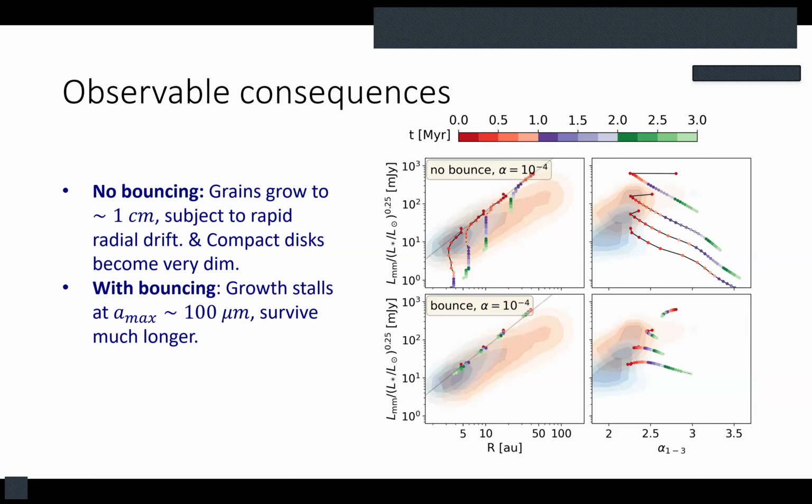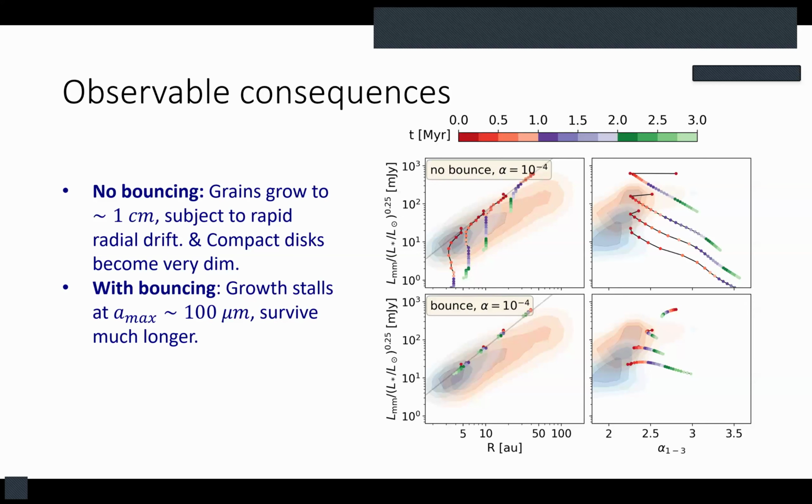So what's the observational consequence of the bouncing? Now we measure the size and luminosity of our model, and compare with our observation, which is showing the contour here. Each track here is a model with a different initial size.